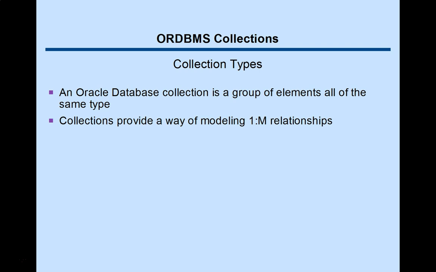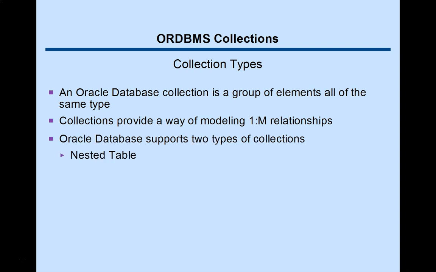Collections are used to provide a way to model and subsequently implement a relationship that might have a cardinality of one to many. As we had mentioned, Oracle supports two types of collections. There's a nested table. This can have any number of unordered elements.